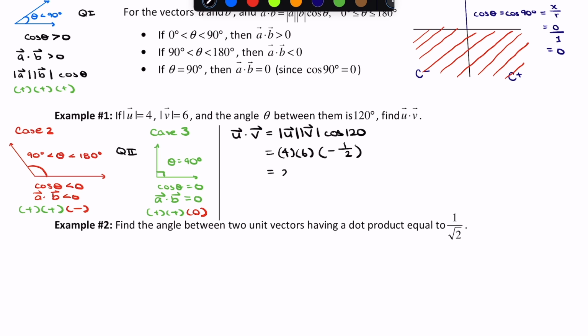And so here we get 4 times 6, which is 24, times negative 1 over 2. And so vector u dot vector v will be equal to negative 12. And so again, that stays consistent with case number 2 that we saw.